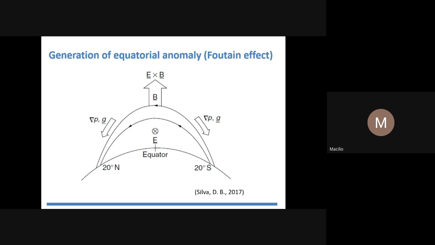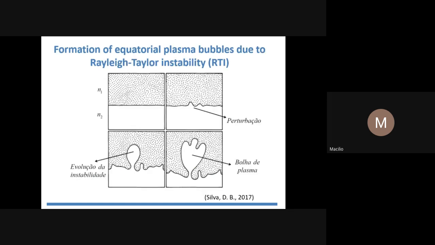And after sunset, like I mentioned, I have a low density layer together with a high density layer, and the bubbles are generated. In this slide, I try to illustrate this phenomenon. Here we have low density, high density.